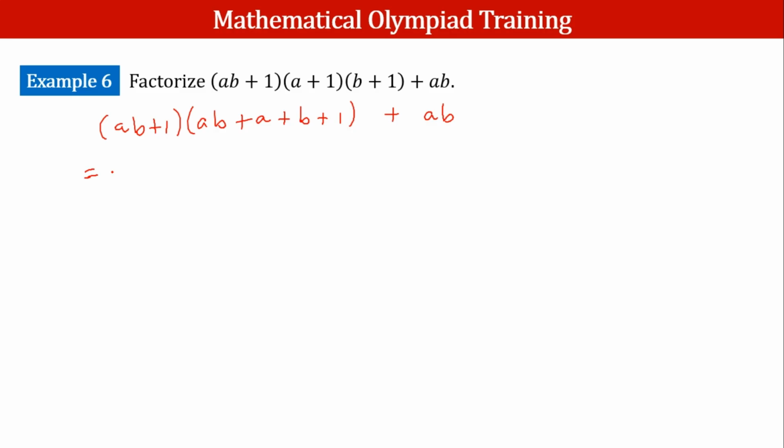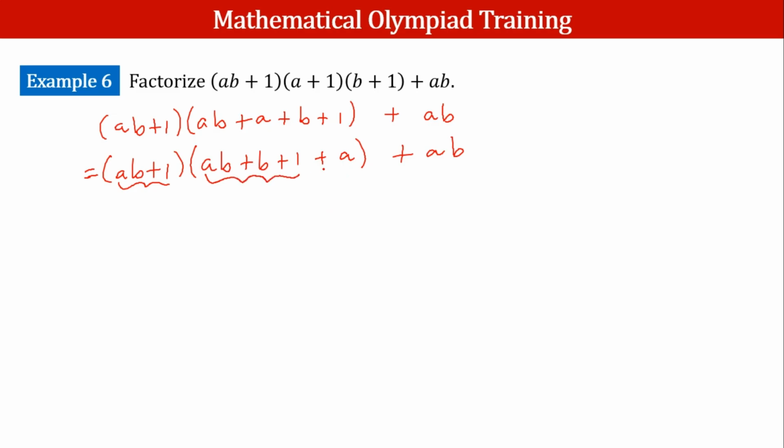Now, notice that if we regroup the terms in the second factor in the following manner, what I mean is ab plus b plus 1 plus a, and then multiply ab plus 1 to ab plus b plus 1 separately with a.